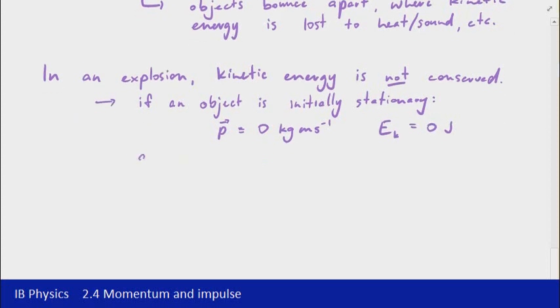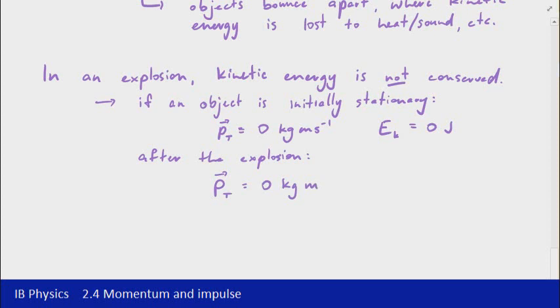After the explosion, we know that the total momentum, I might just put a T here to indicate total, the total momentum will still be 0 kilogram meters per second.